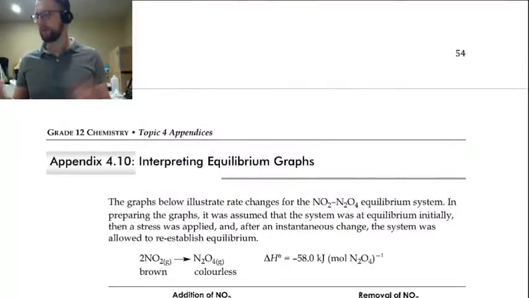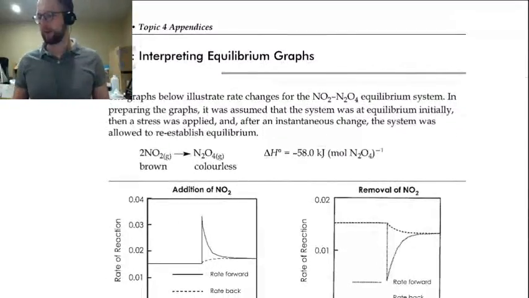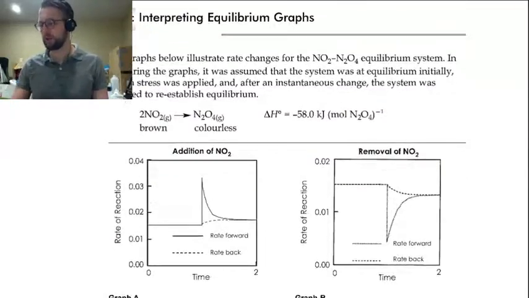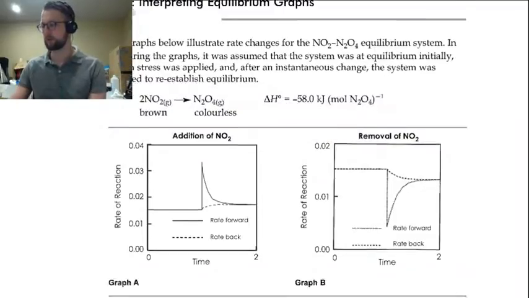Okay, so when we are interpreting equilibrium graphs, we can look at a couple of different things. Here we are going to look at the change in rate over time. And from looking at the change in rate over time, we can identify what kind of changes have happened to your system during that chemical reaction.